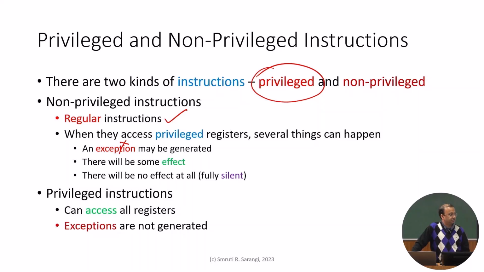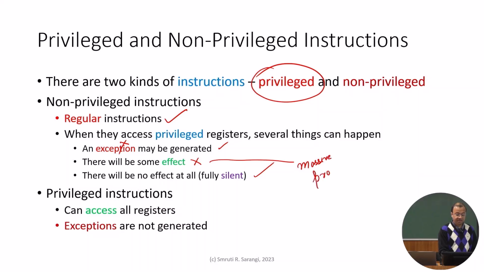We will see when we are designing virtual machines that the first one is fine, the second one is fine, but if there is some effect, it signals a massive problem. The reason is that this is acting like a polymorphic instruction.